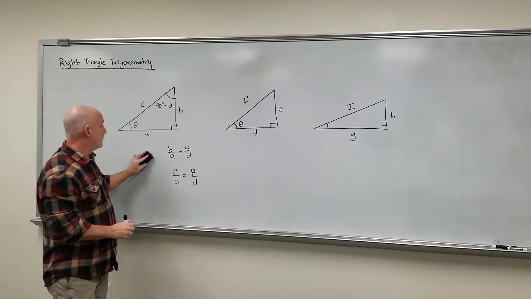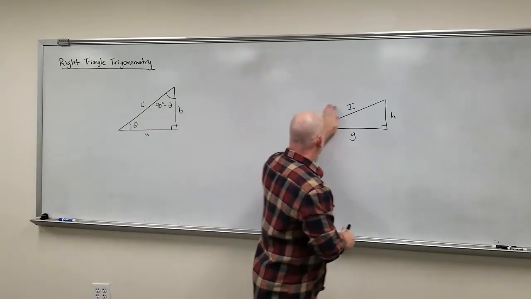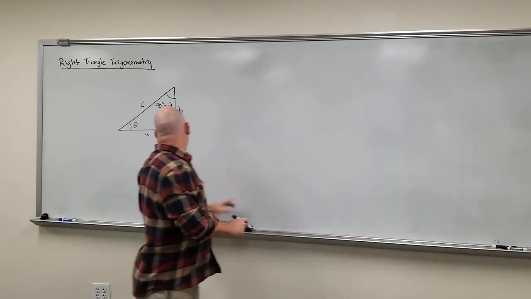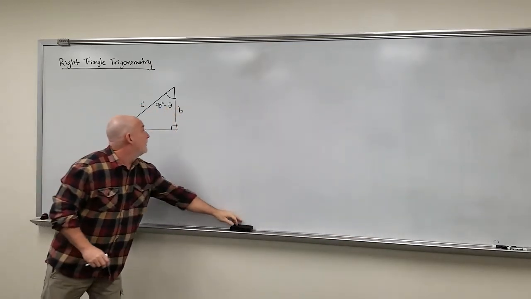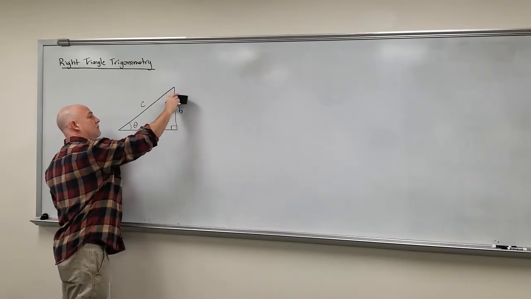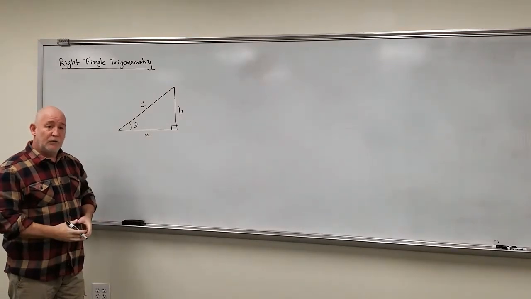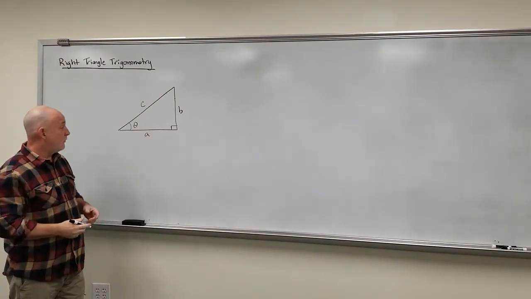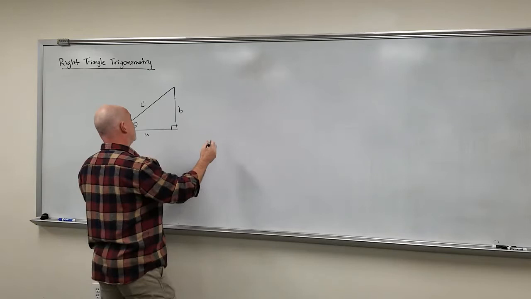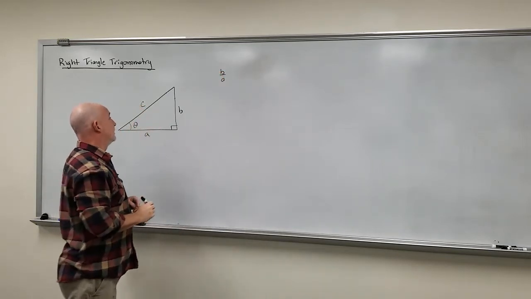Now let's just take a look at our first triangle here. Let's get these out of here. We have three sides, so how many different ratios, how many different fractions, could we do? Well, we could definitely do B over A. I think that was the first one we did.